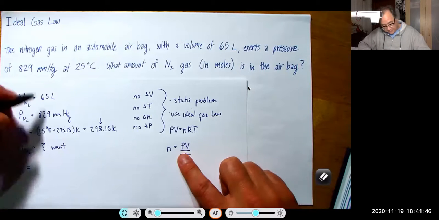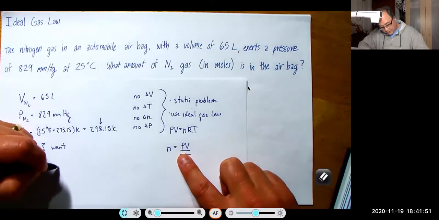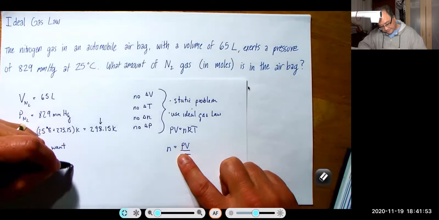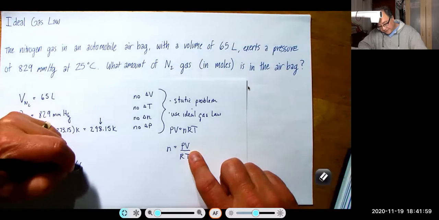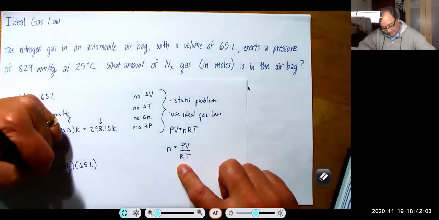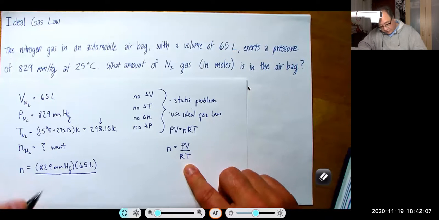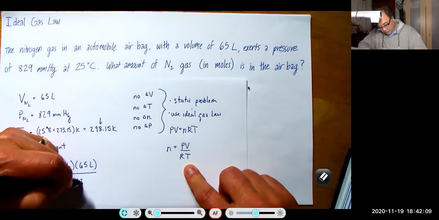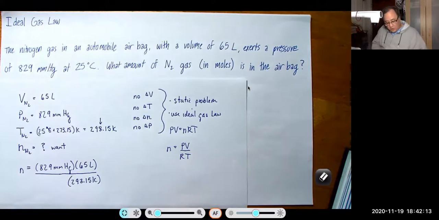So the pressure is 829 millimeters of mercury. The volume is 65 liters. The R, I'm going to leave that off for now. The T is 298.15 K.